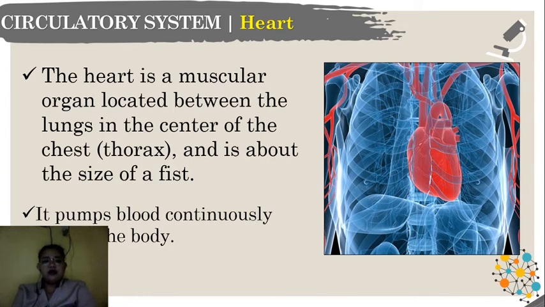And if you want to know the size of your heart, sabi, kasing laki lang daw ng kamao ng tao na yon. So, the main function of the heart is to pump the blood continuously around the body. And sabi nga natin, this one is an involuntary muscle. Kasi hindi natin pwedeng kontrolin na hihinto siya or what. Kasi kapag huminto yan, dedo ka na.